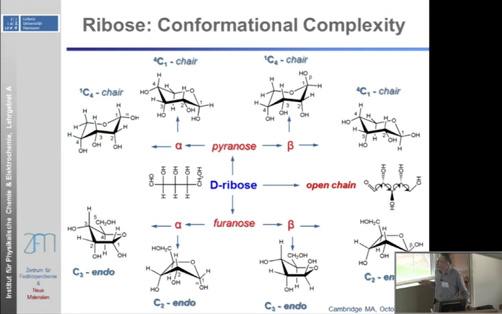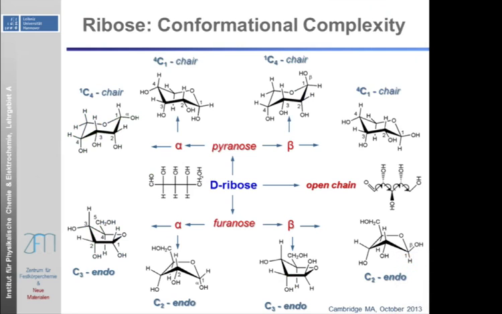And actually, this ribose, even though it's a small sugar, has a lot of conformational freedom. You can get a pyranose or a furanose, a 5-ring or 6-ring. And then these OH can be in beta position or alpha position. So overall, you get 8 different fundamental structures, plus the open chain.